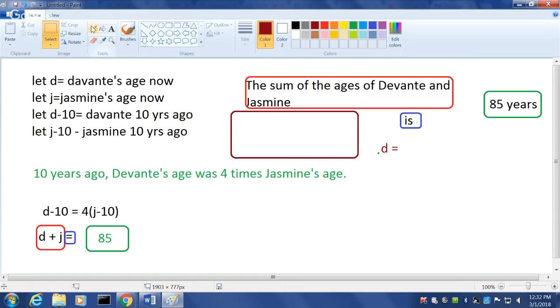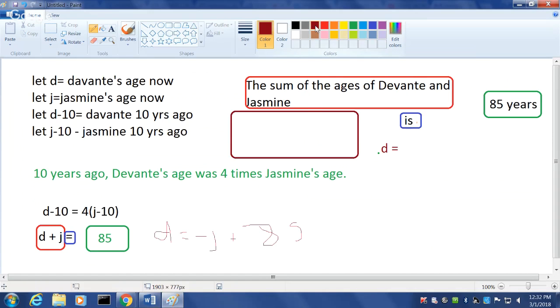So what ends up happening is I'm going to suggest looking at this second equation and changing it to D equals negative J plus 85. Now that's the same thing. I'm just subtracting J from both sides.